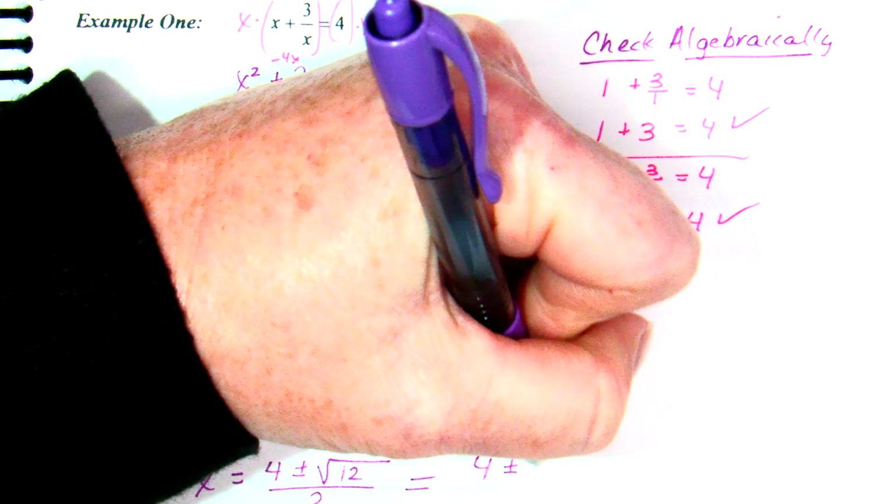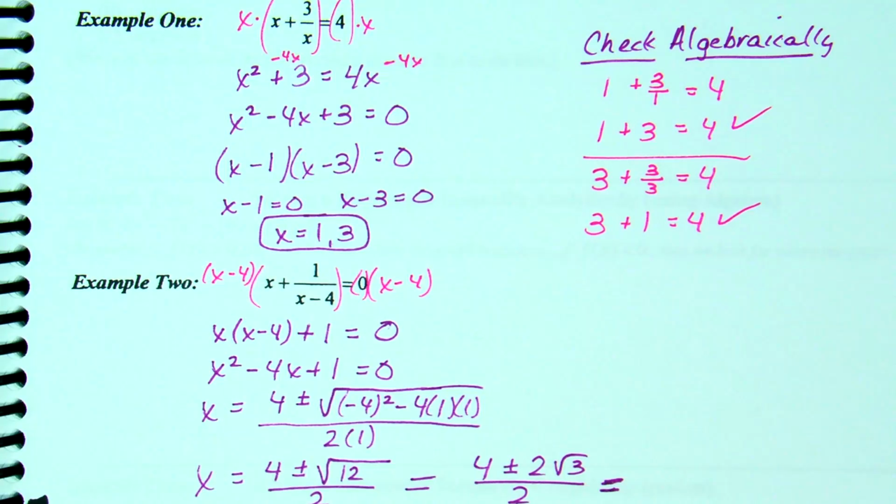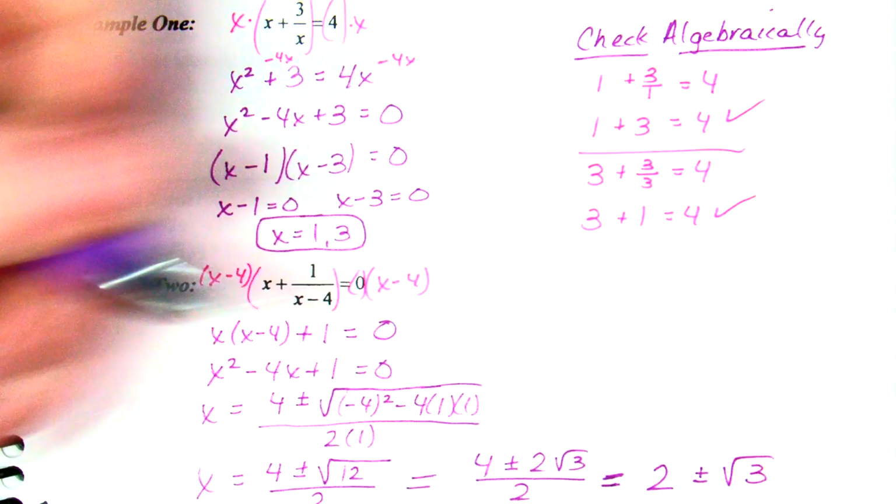Take that 4 out, so it's 2 radical 3 all over 2. What can happen here? This denominator of 2 divides into both terms, doesn't it? So then it becomes 2 plus or minus, and those 2's cancel, so 2 plus or minus radical 3.